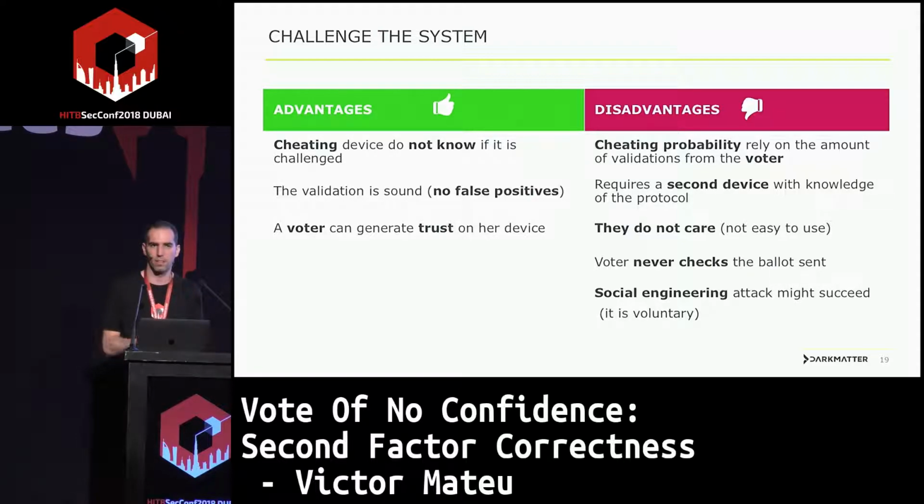We will have success with most of them. So this is enough to cheat on an election. This opens the space for plenty of social engineering attacks in which you fake that your vote is correct, and then the voter might think that it's correct. So at the end, this is very controversial.